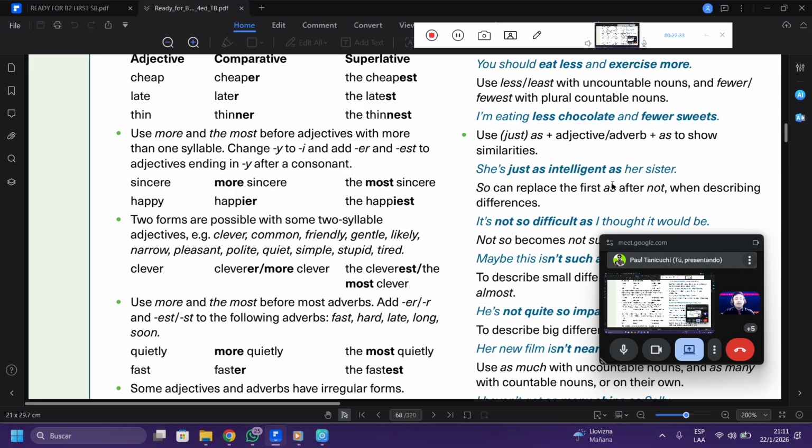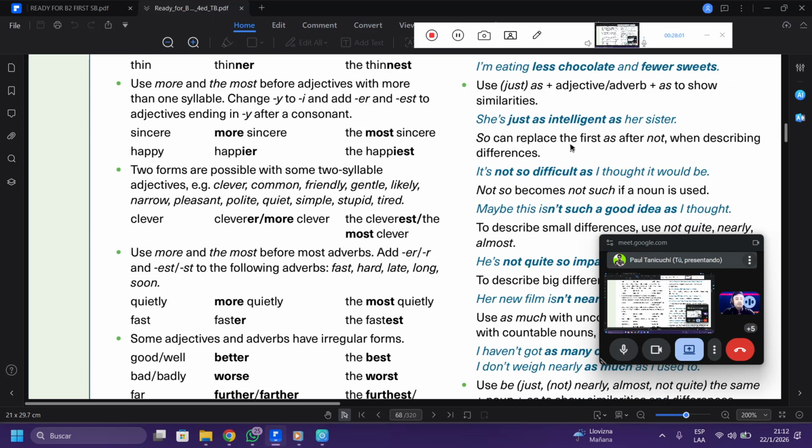Teacher. Okay. I could say I'm earning less money because I'm working fewer hours. Yeah, it could be. It works. Less time and fewer hours. Okay. Time is general, hours is specific. Yes, it works. Okay.